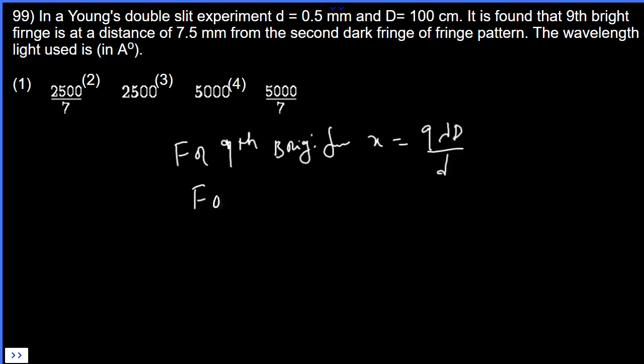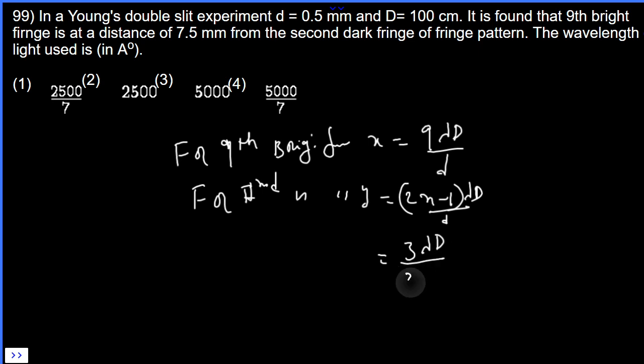For second dark fringe, y is equal to the condition for dark fringe, 2n minus 1 lambda D by 2d, where n is 2. After calculation we get 3 lambda D by 2d.